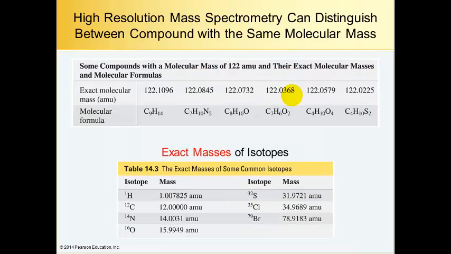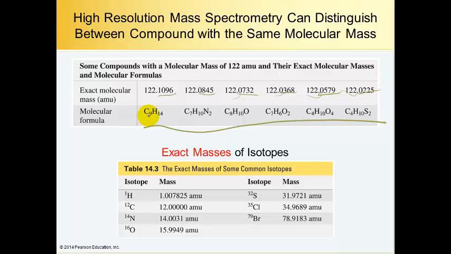So the better your instrument, the higher the resolution you get, and the better capability you have of distinguishing molar masses. Some of the very good mass spectrometers can differentiate between all of these compounds, even though at quick glance they all have a mass of 122. It's these decimal point positions, using the isotopes and the natural abundances, that differentiate them.